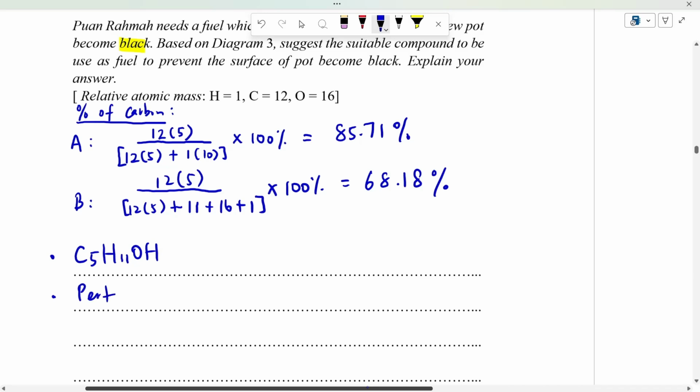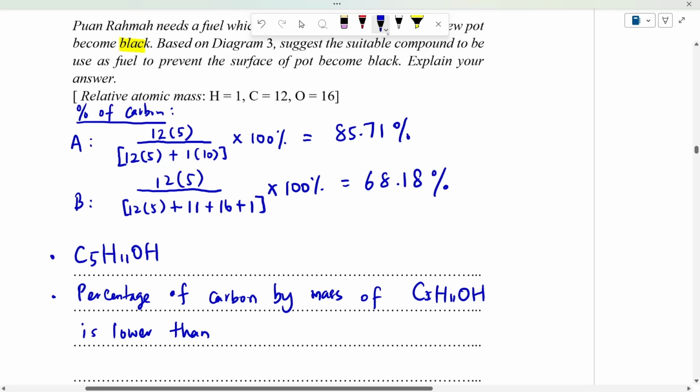Because the percentage of carbon by mass in the compound is lower than the pentene. Okay.